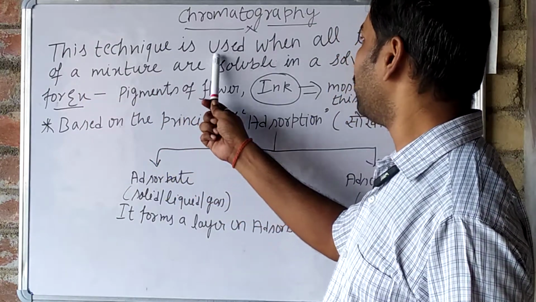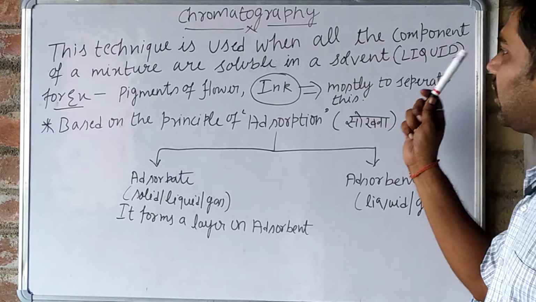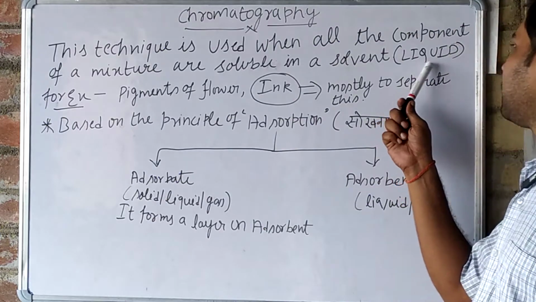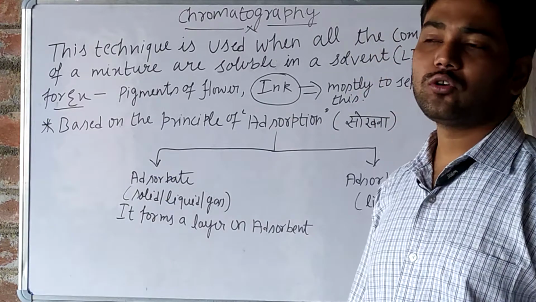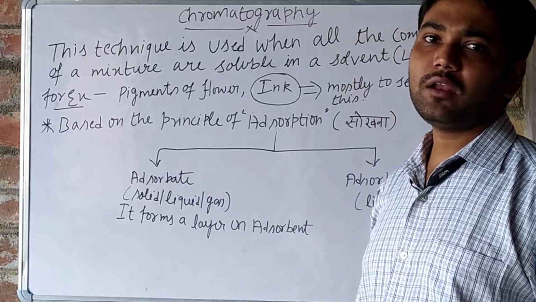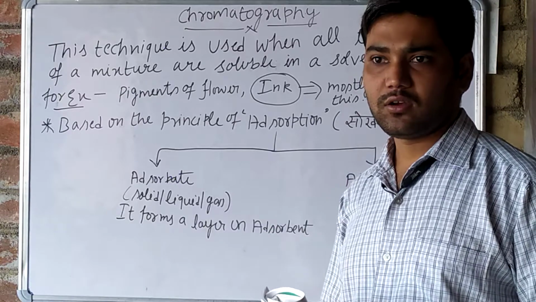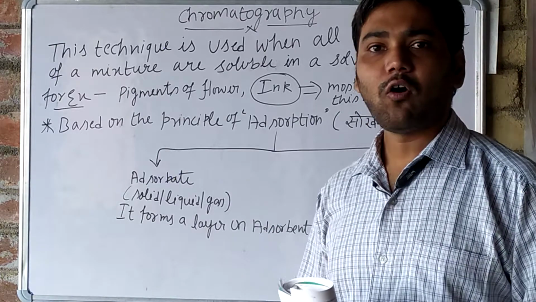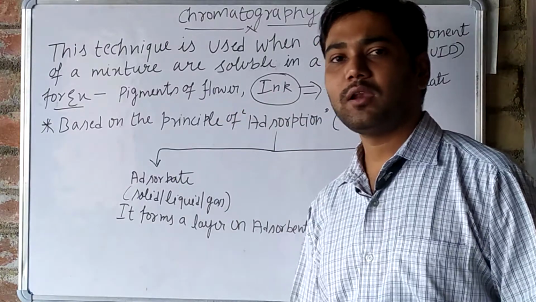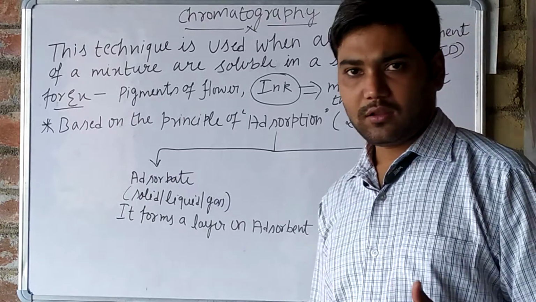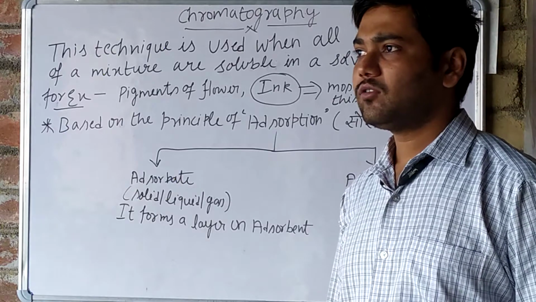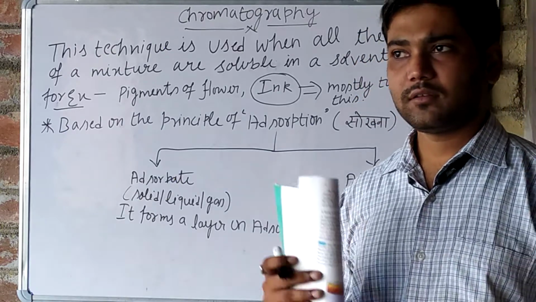This technique is used when all the components of a mixture are soluble in a solvent. Solvent means liquid. Suppose there are two or three components in the mixture, and they are soluble in the solvent.